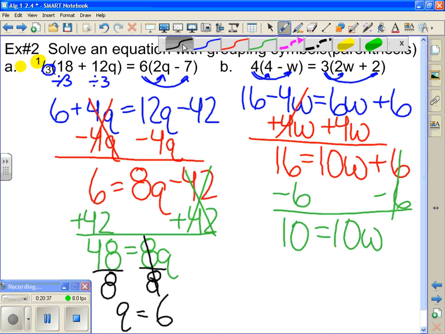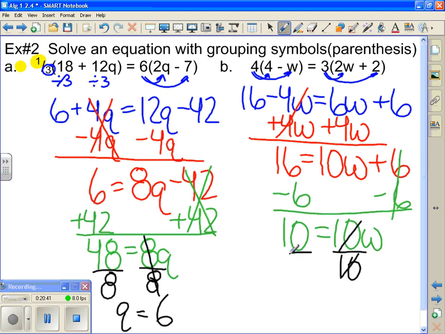That's right, divide. So divide by 10, and 10 divided by 10 makes 1. Don't forget the W goes first. So W equals 1. Go ahead and finish copying that down if you didn't have it right, and we'll skip to the next slide in about 15 seconds.